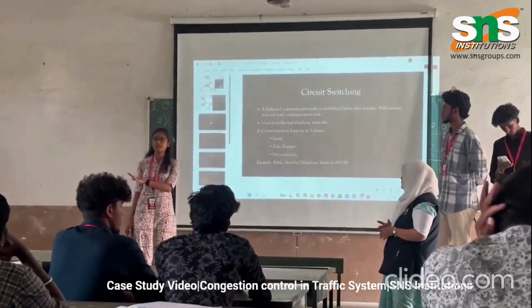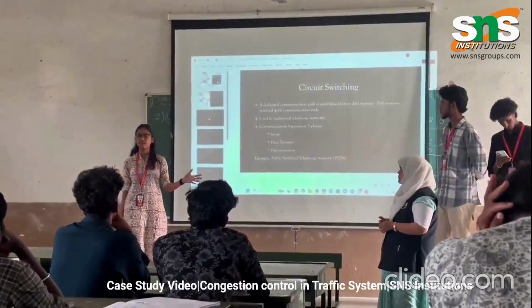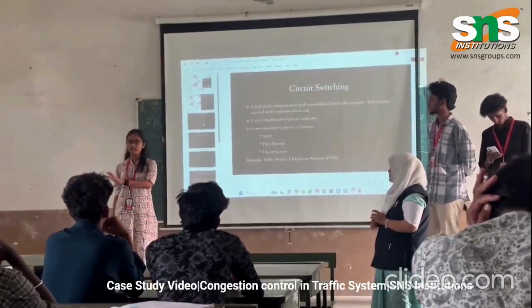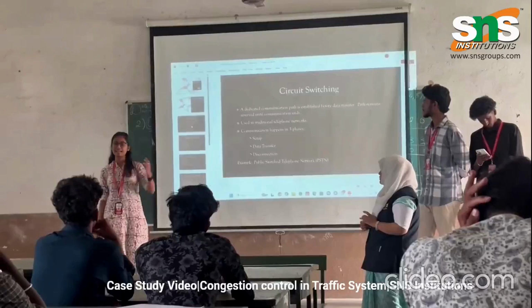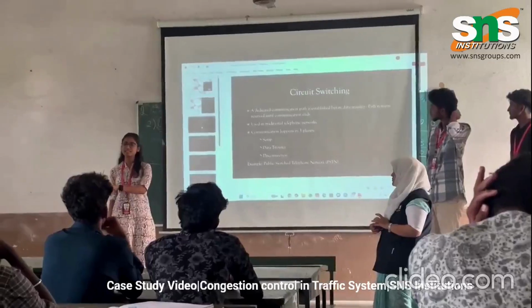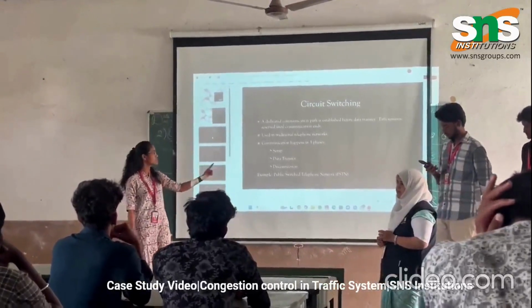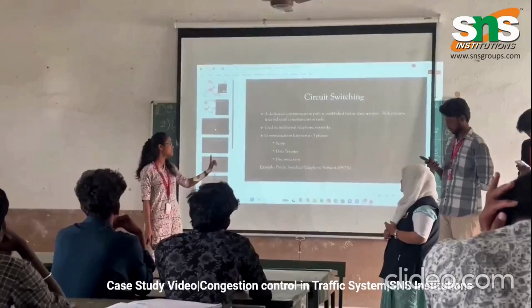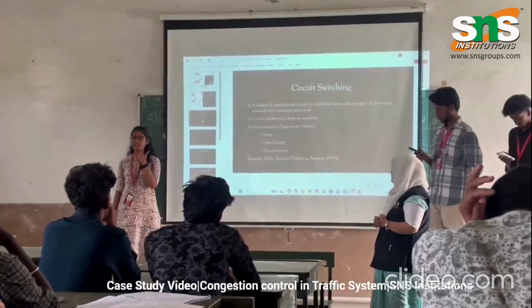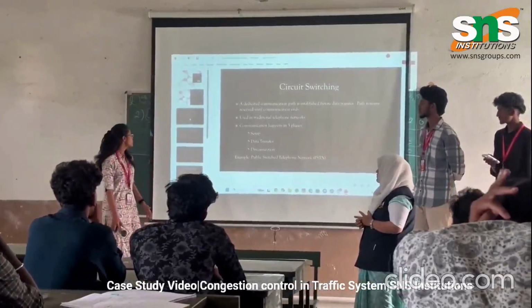Setup is the connection phase where a sender and receiver will be connected, and the data transfer phase is when the data is transferred. The disconnection phase is at last, where the resources become available again. The example above is the telephone network.